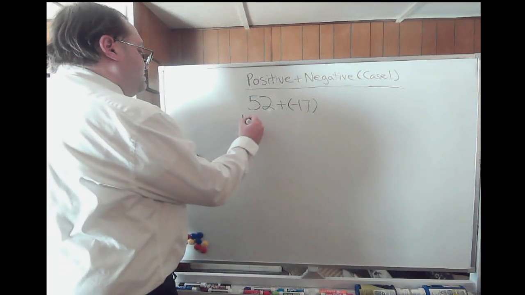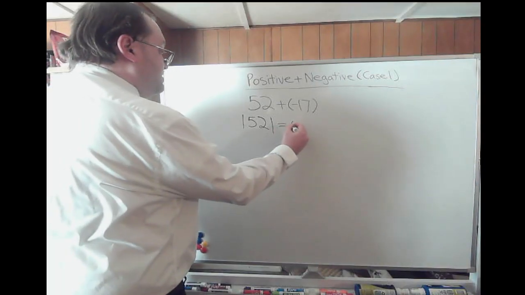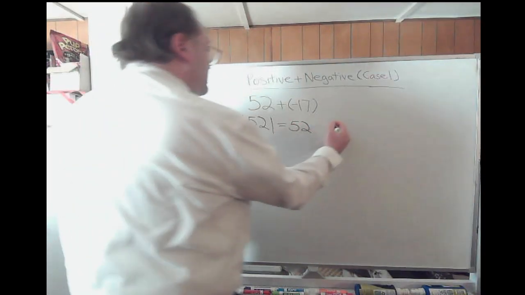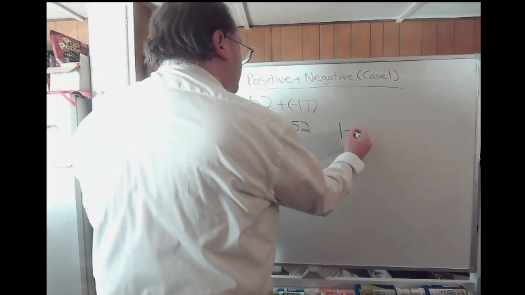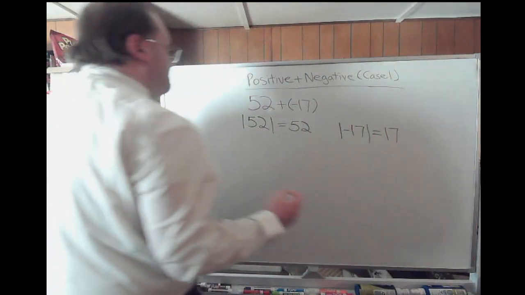You take the absolute value of both expressions. The absolute value of 52, well, that's just 52. You take the absolute value of negative 17, that's positive 17, okay?